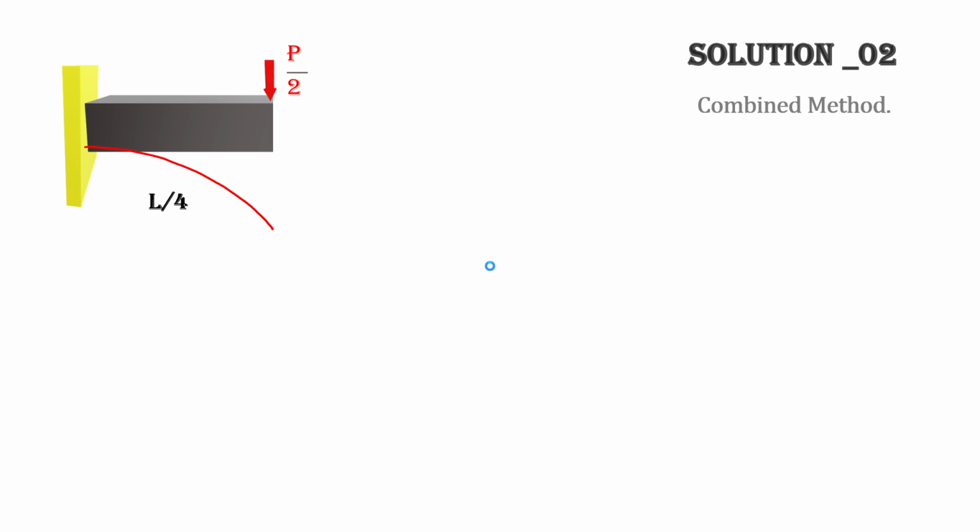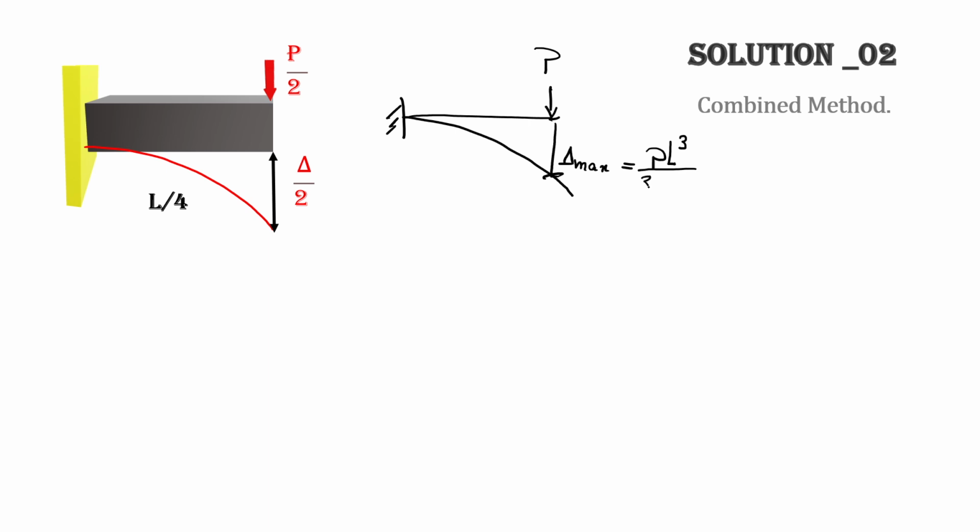So for the deflection of a cantilever beam with the load of P, if you remember such a beam, a cantilever beam which handles a concentrated load of P at its free end, and you want to calculate the deflection, you can easily see that deflection delta maximum is equal to PL cubed over 3EI.